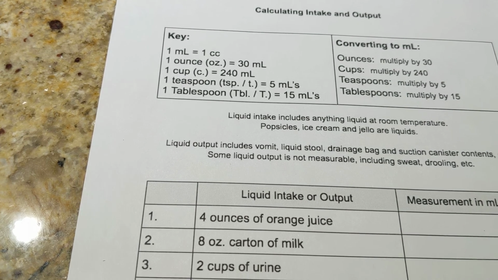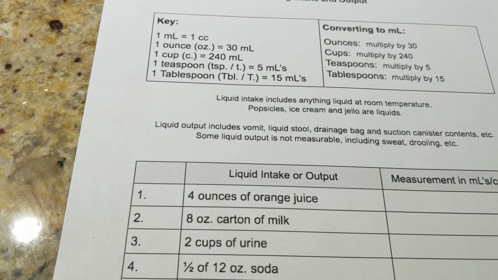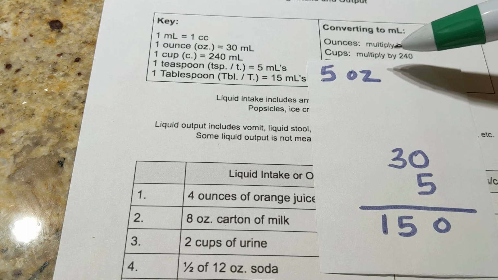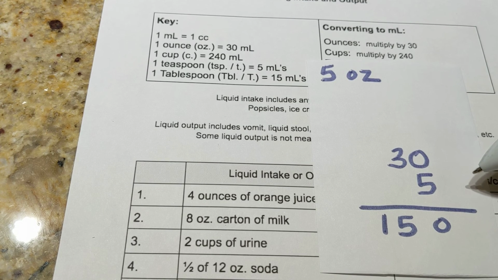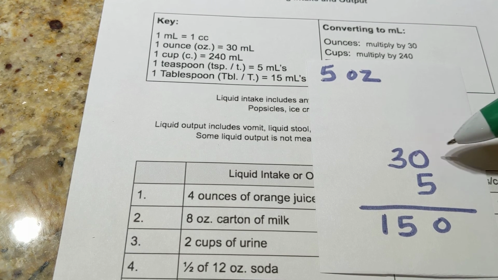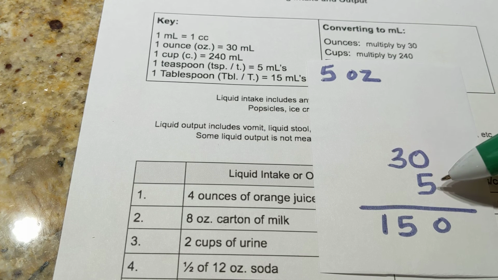So how do we do this? We could use a calculator and multiply those ounces times 30, or we could write it out with a pen and paper. And this is what it would look like. Maybe we wanted to take 5 ounces and convert that into milliliters. So we would put the conversion unit on top, that's 30. We put the bigger number on top, so we do 30 times 5.